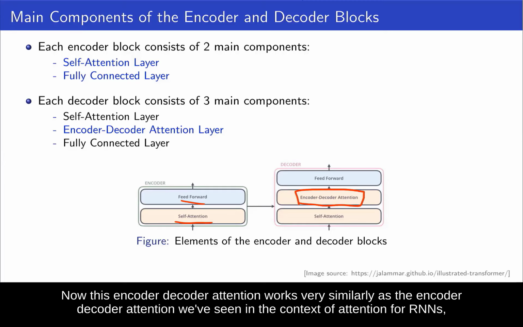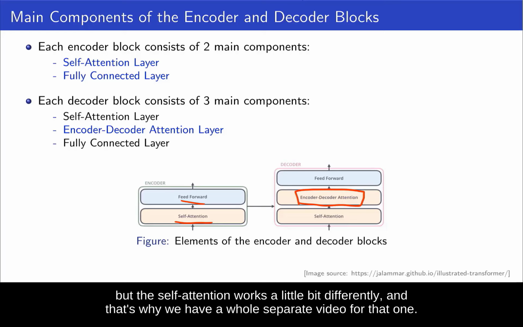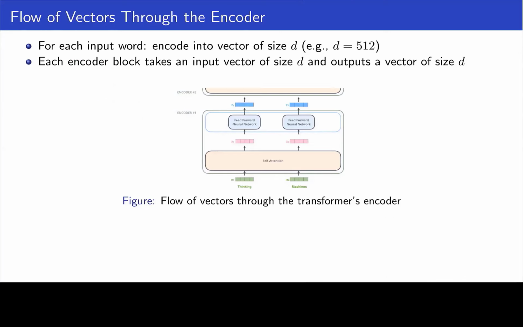Now, this encoder-decoder attention works very similarly to the encoder-decoder attention we've seen in the context of attention for RNNs. But the self-attention works a little bit differently. And that's why we have a whole separate video for that one.